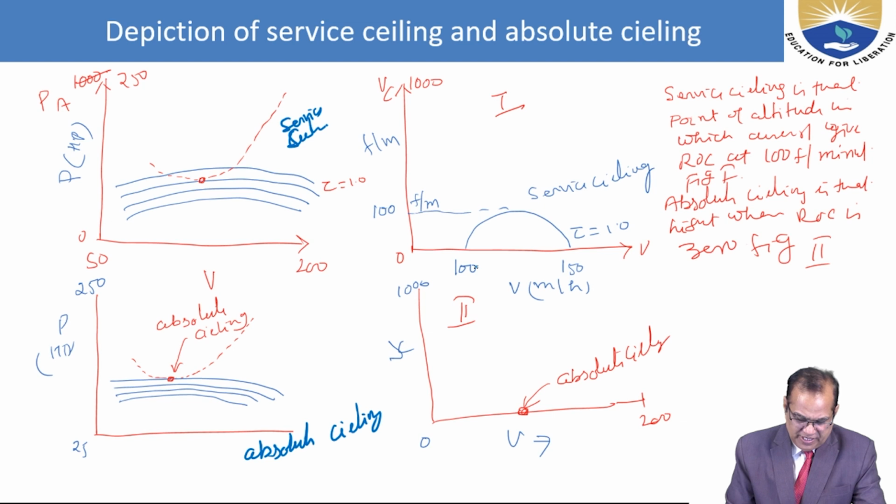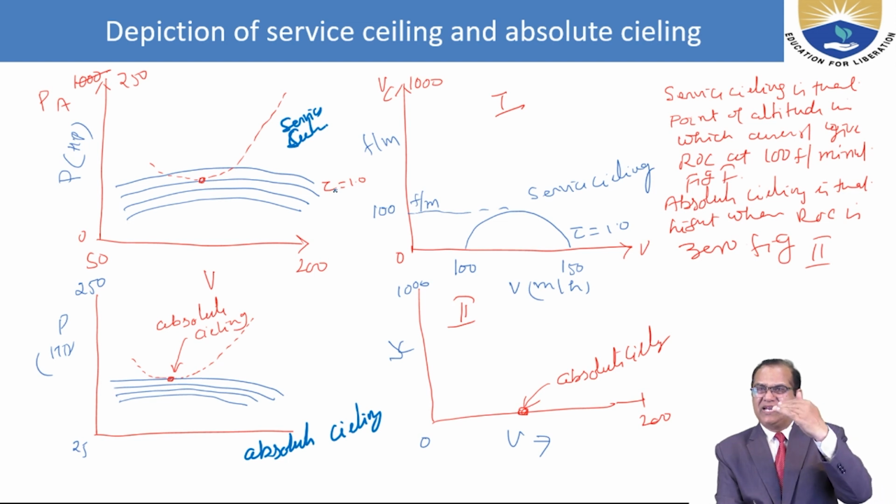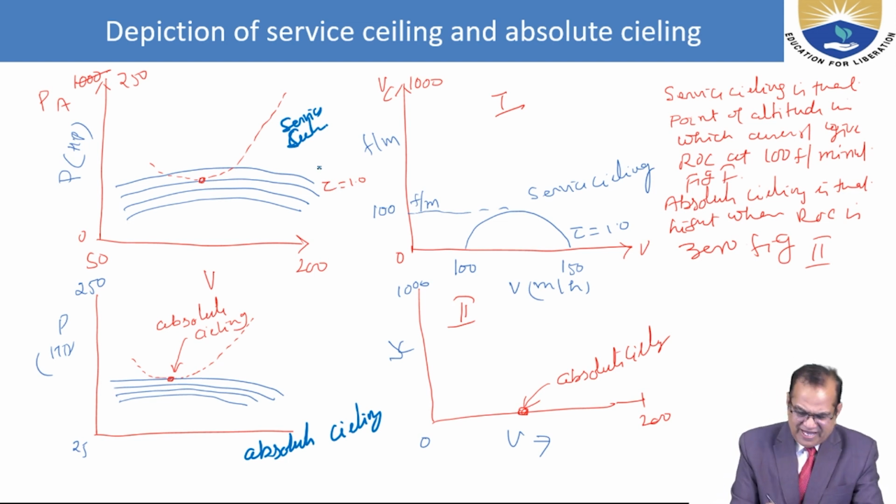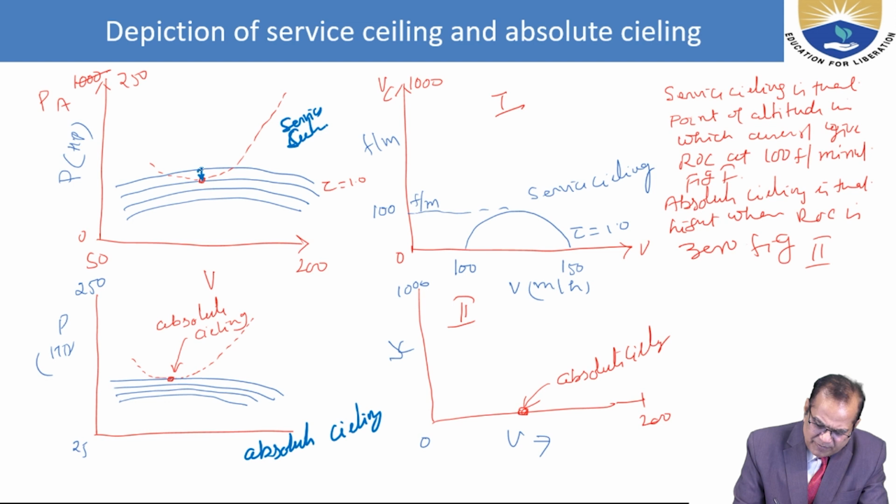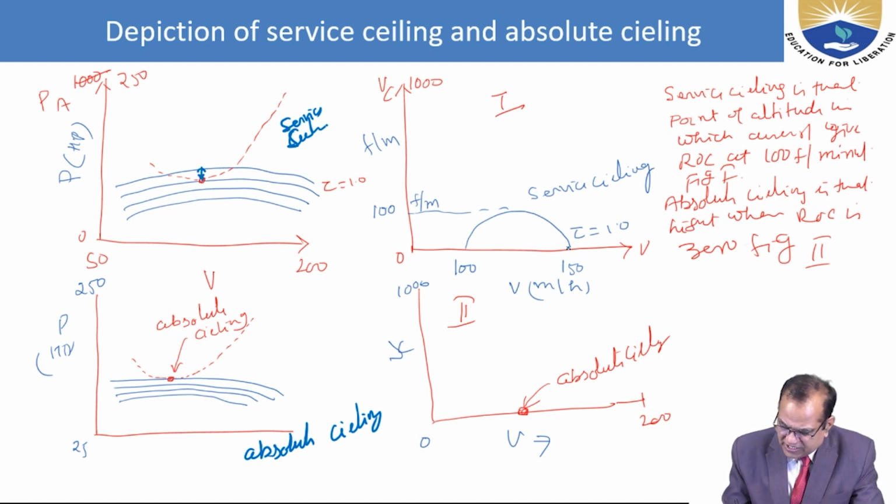If you see here, putting somewhere 0.9, a very small amount of excess power is there. This excess power gives only up to here, which will give 100 feet per minute rate of climb.